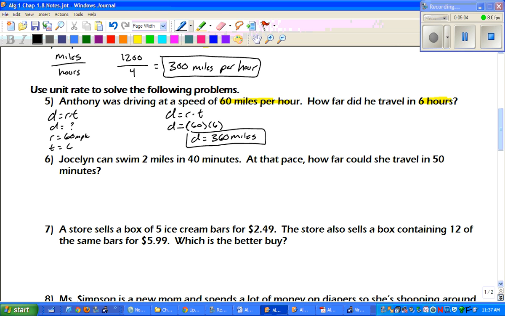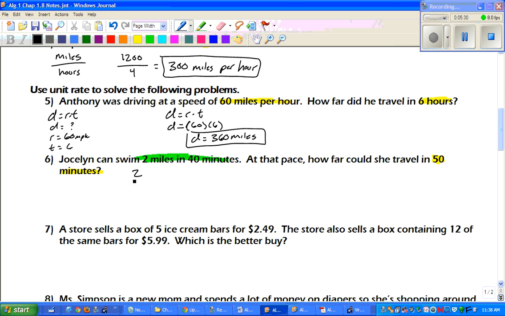Jocelyn can swim 2 miles in 40 minutes. At that pace, how far can she travel in 50 minutes? So we don't know what her rate is, okay? So we have to find the unit rate first, which would be the miles over the minutes.